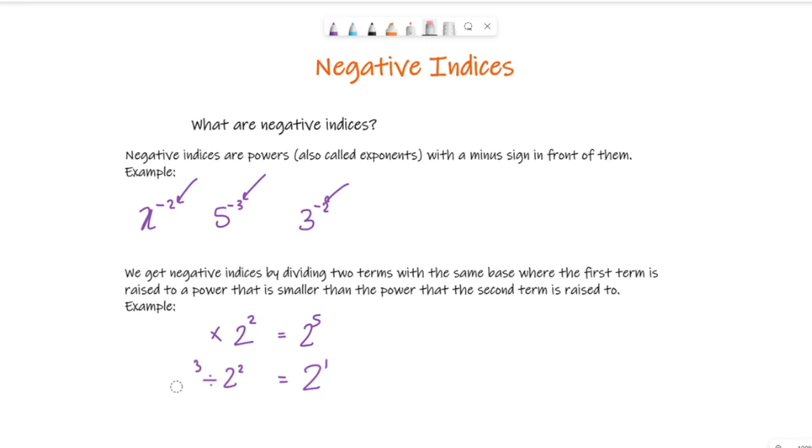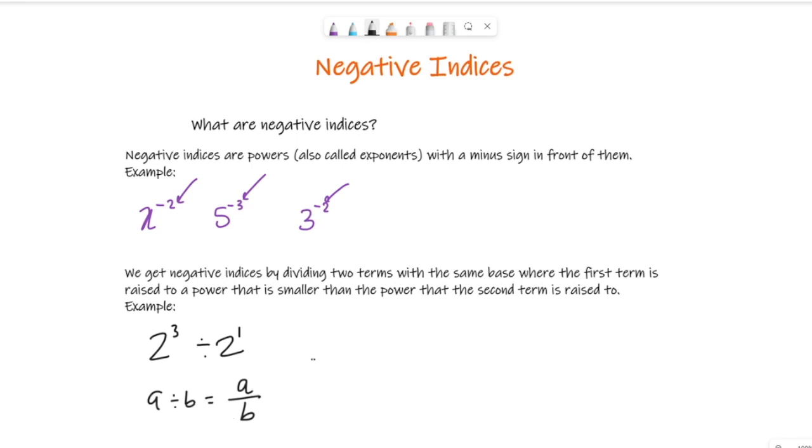So how does this work? 2 to the power of 3 divided by 2 to the power of 1. We know a divided by b can also be written as a over b, and we have to simplify it until the lowest.